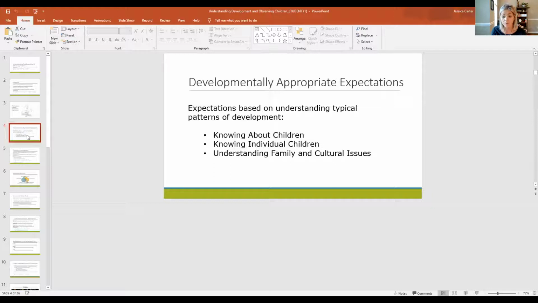This becomes part of who the child is, and they bring that with them into the classroom, where sometimes rules and expectations are different from family or cultural norms. So again, this understanding of family and cultural issues is going to impact the guidance that adults provide to children, or it should influence it.